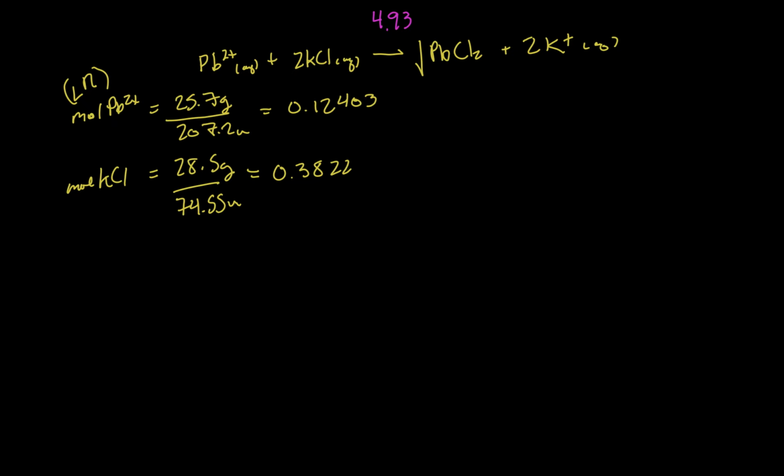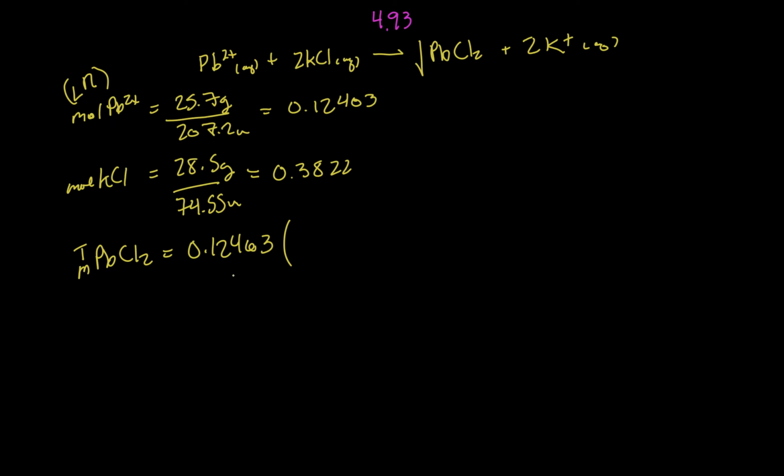Okay, now we're going to figure out our yields. The theoretical yield we should get is this number of moles times the formula weight of lead chloride. So let's calculate the mass. This is the theoretical yield of lead chloride, so that's the moles times the formula weight.